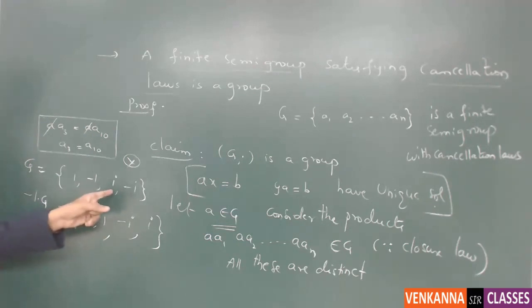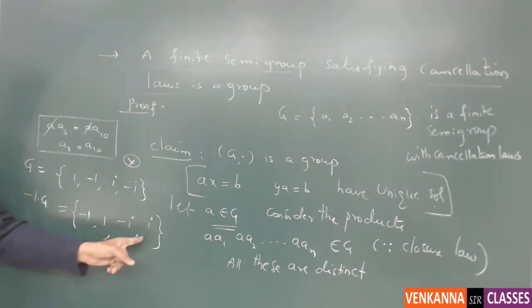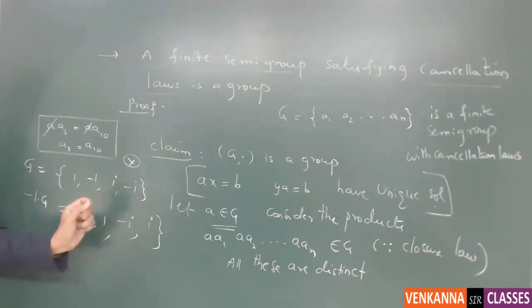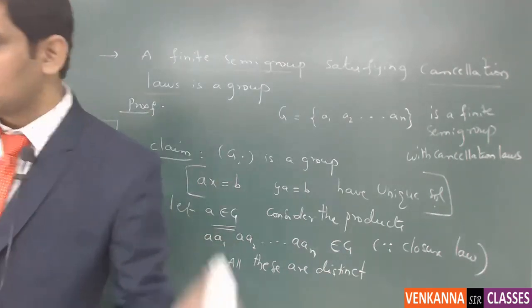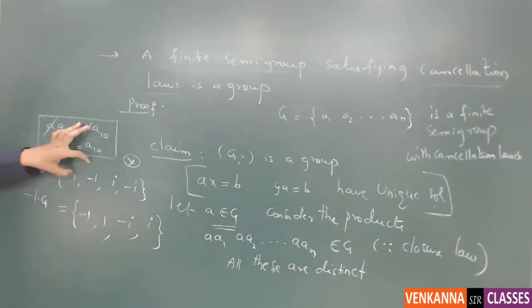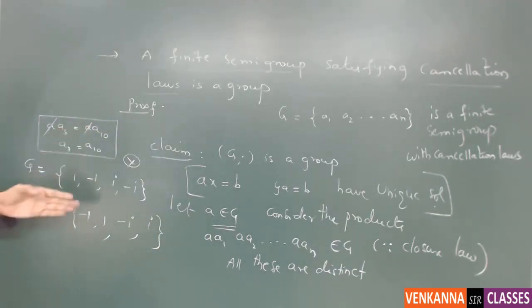Here i is the third element, here i is the fourth element. So element position may be different, but the sets are equal. Agree? So that I am going to mention here. Since it is a finite set, these two sets are equal. There is no other possibility here.